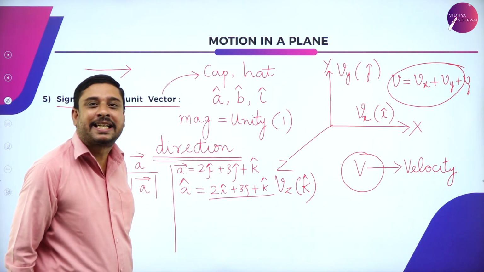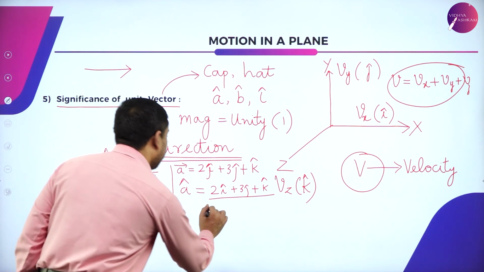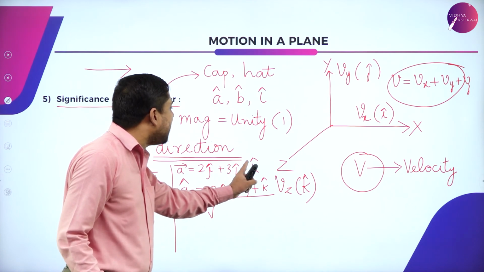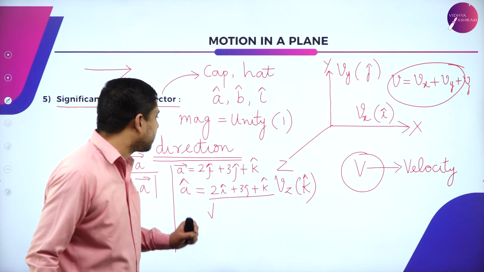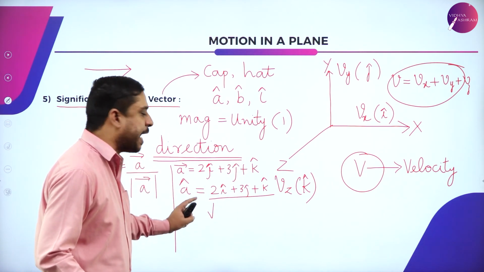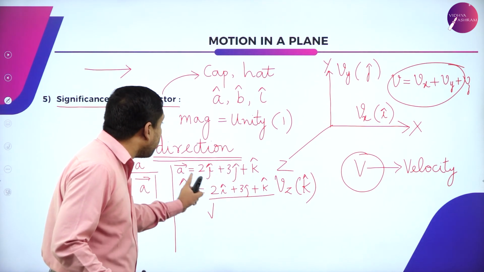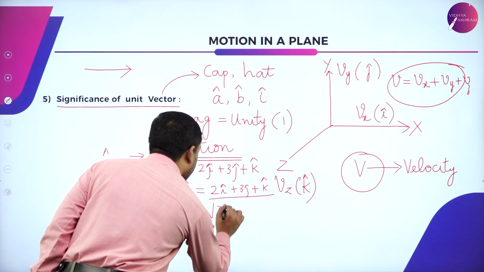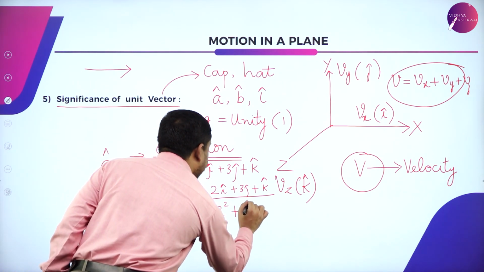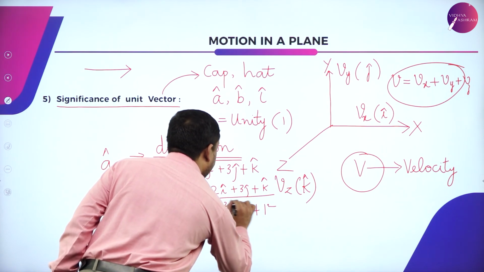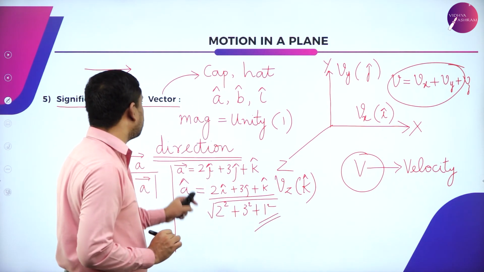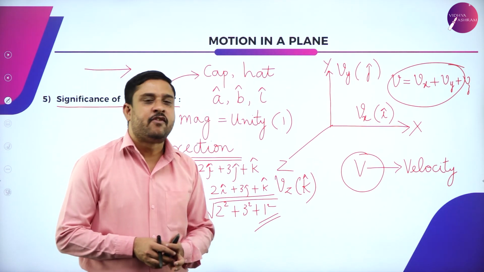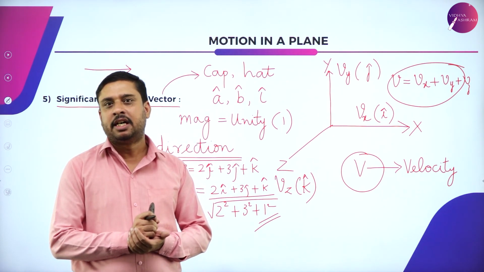Modulus value of vector A, how will you find? It is the root of the sum of the squares of these values, since i, j and k are unit vectors. So 2 square plus 3 square plus 1 square. Simplify. This is what A cap is. And this is the significance of a unit vector.